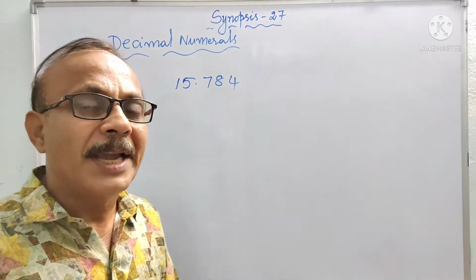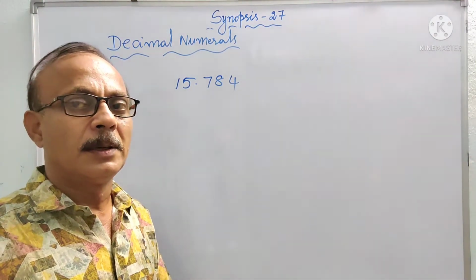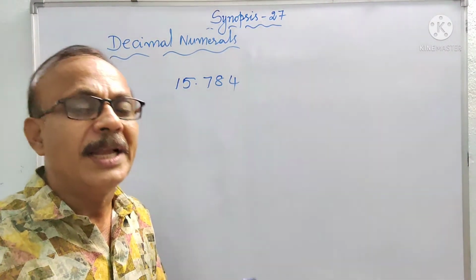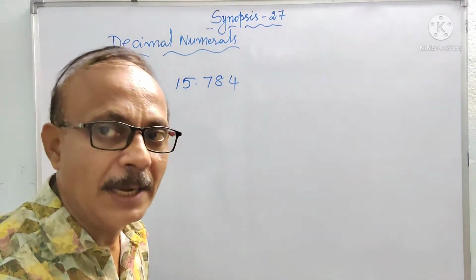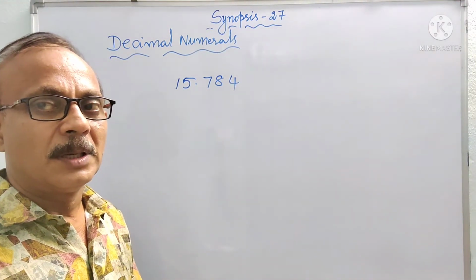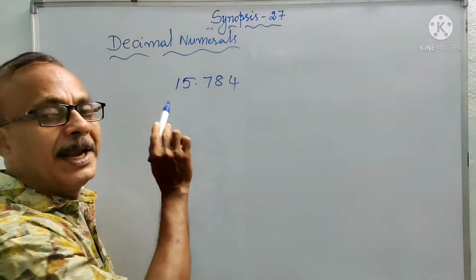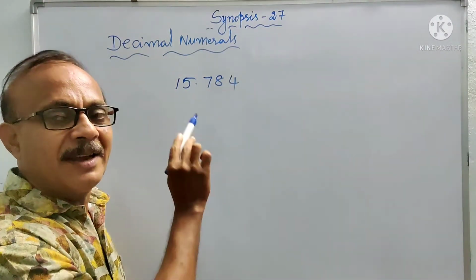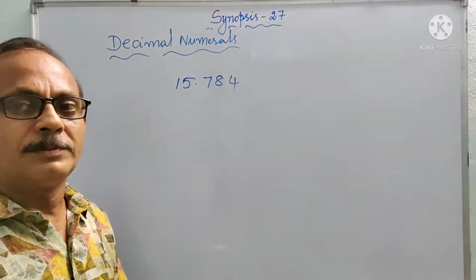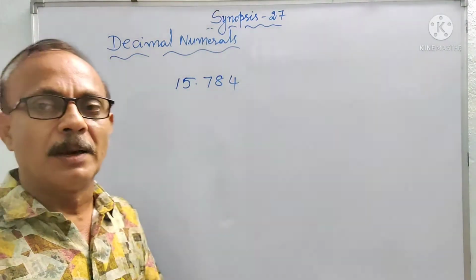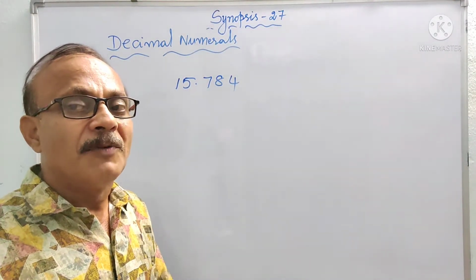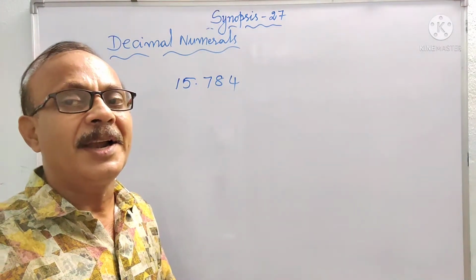But when you are reading a decimal part, you have to read each digit separately. That means you have to read 15.784 as fifteen point seven eight four. You can't read it as fifteen point seven hundred eighty-four.